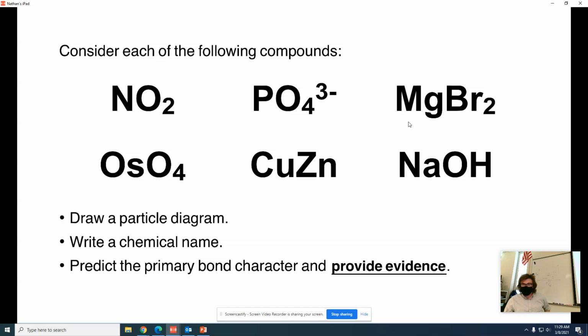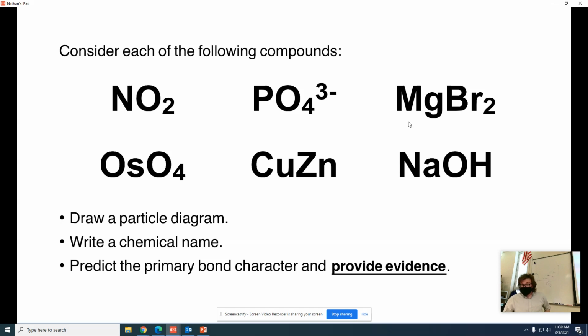So these 6 compounds, I want you to see if you can draw particle diagrams, come up with chemical names, and then try to predict the primary bond character and provide evidence.